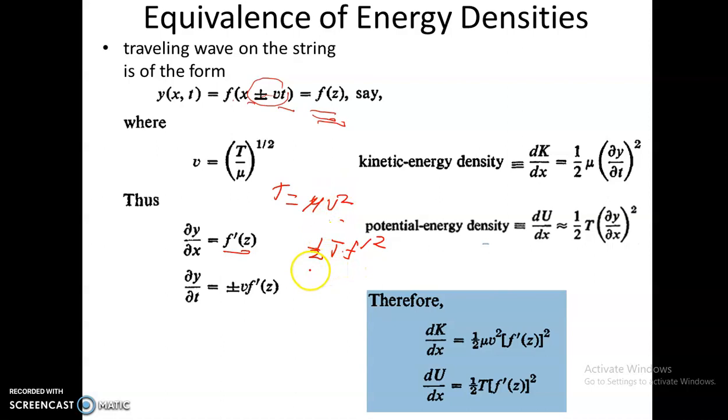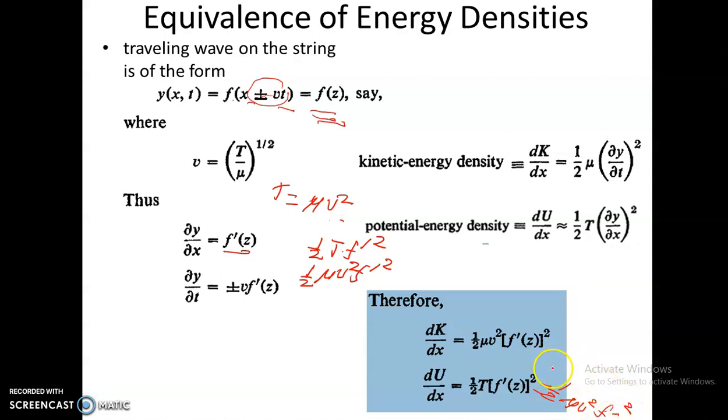Then this becomes half mu v square f dash square, which is the same as the expression for the kinetic energy density, half mu v square f dash square. So we prove that the potential energy density is also equal to half mu v square f dash square.